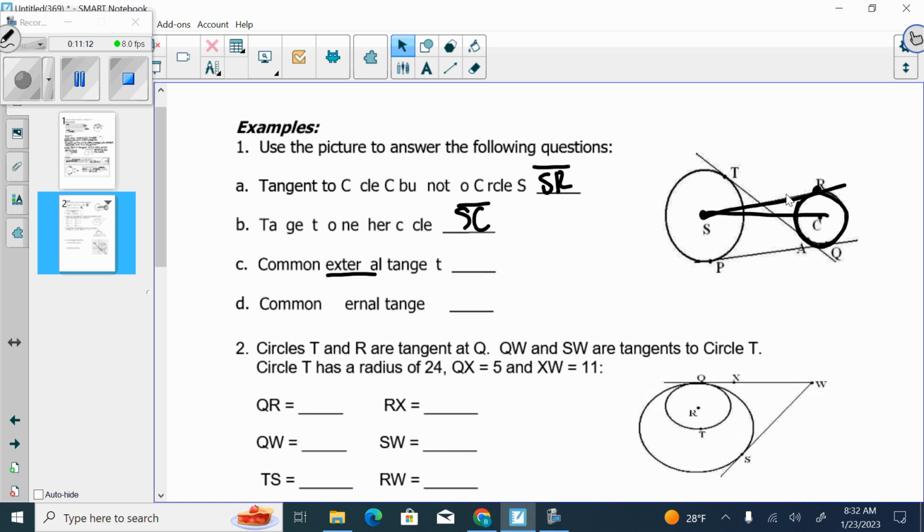Remember, an external tangent means it has to touch on the outside of the circle. And which one would that be? PQ, very good. And then we're also looking for a common internal tangent. Which one is it? I think TA. I think Q is part of this one. Yeah. So TA.